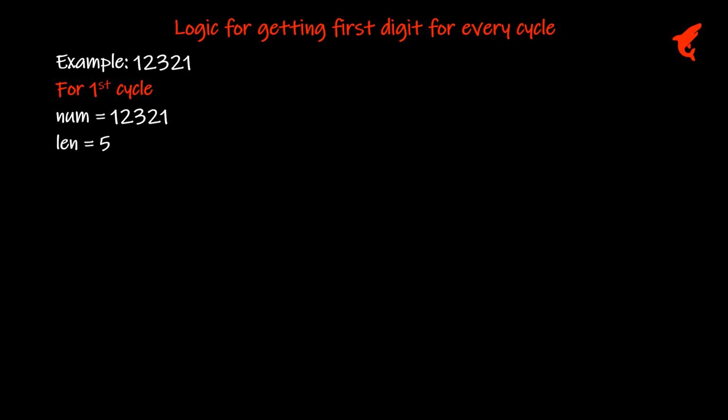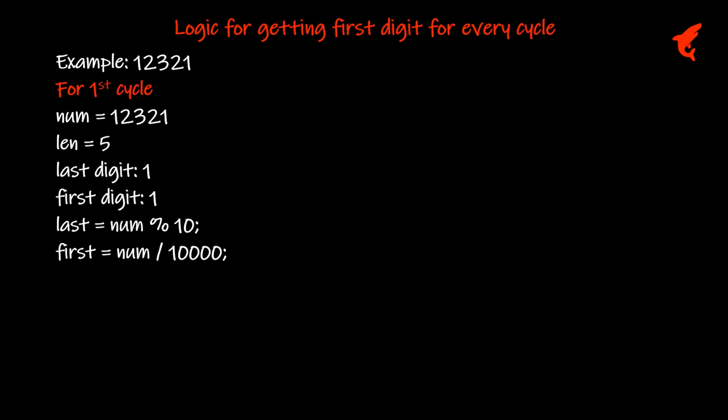Now let us focus on the logic for identifying the first and last digits. The number we are considering is 12,321. So in the first cycle, the number is 12,321 and it has 5 digits. We will refer to the current number of digits as len henceforth. To obtain the last digit we use the modulus operator with 10.